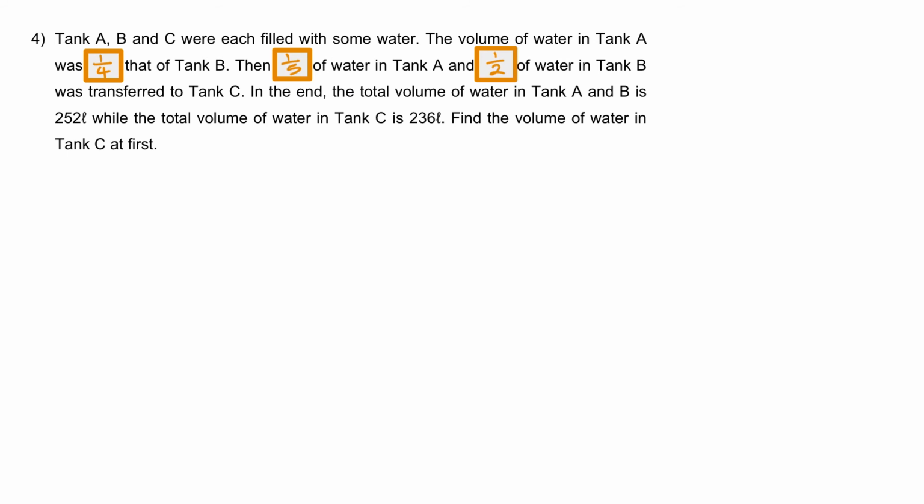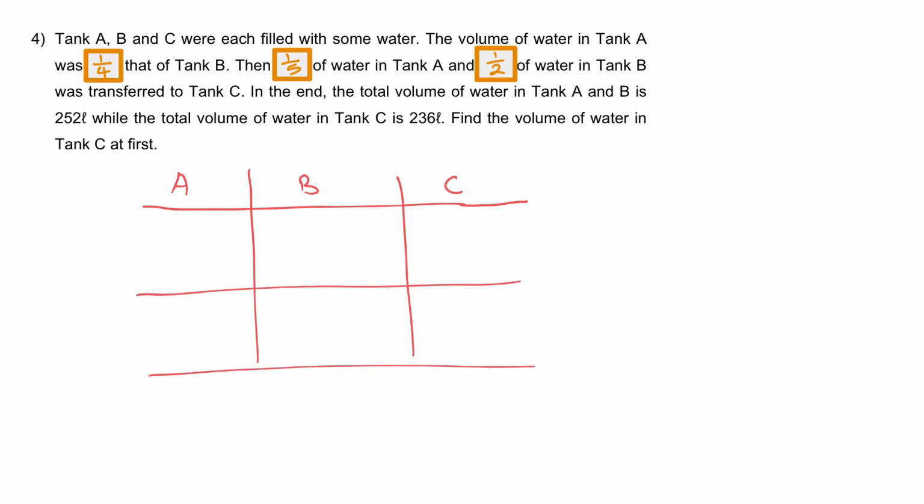Over time, as you practice, you're going to build your mathematical intuition, so you will be more experienced at discovering which is a better method: drawing the model or a ratio table. Okay, so we're going to do tank A, B, C, and then we are going to have before, change, and after.